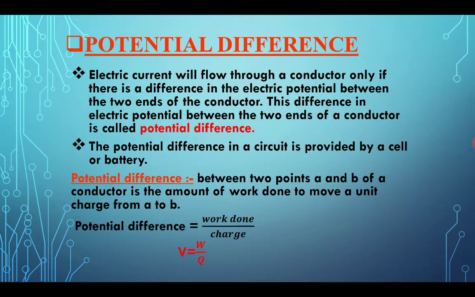Now, what is this potential difference? Whenever there is some variation in potential across a conductor at the two terminals, one more positive and the other more negative, we say that a potential difference has developed. What is potential? Potential is the ability to do work.